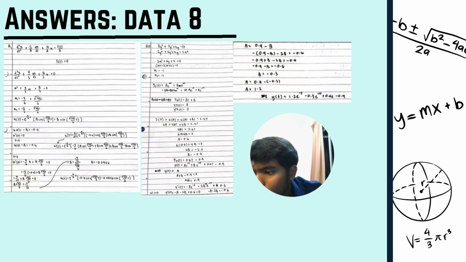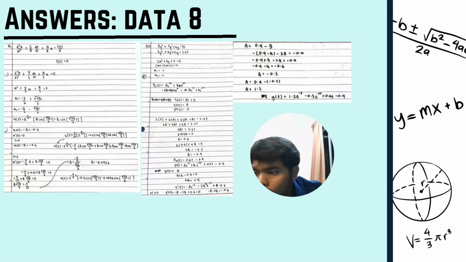So we're going to get a equals 0.6, and b we're going to get negative 0.9. So input into equation yp, input into equation y(t), and then we get y prime(t). So y prime 0 equals negative a negative 2b plus 0.6 equals 0, negative a negative 2b equals negative 0.6.